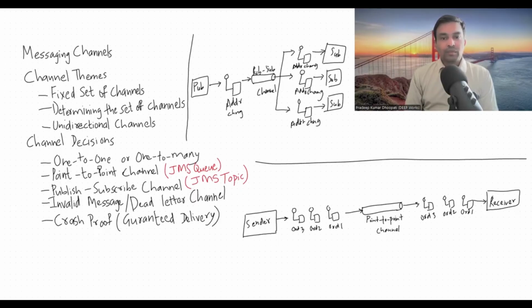Basically, when two applications decide to exchange data from one application to another, it will be using a channel. And when we install a messaging system onto the environment or the enterprise where we have to integrate the applications, the channels will not be readily available.